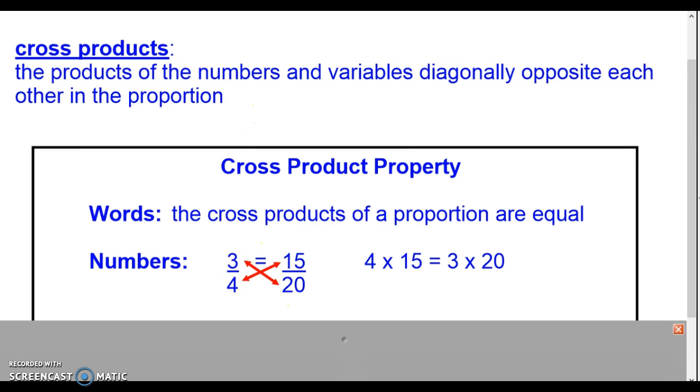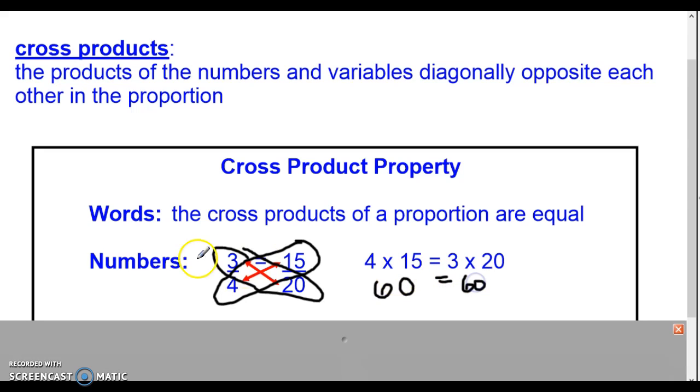So what this is telling you is that the cross product, so if you look diagonally, 3 times 20 will equal 4 times 15 if they are proportionate. So 4 times 15 equals 60. And 3 times 20 will also equal 60. So this is one way you can check to see if two fractions are equivalent or proportionate.